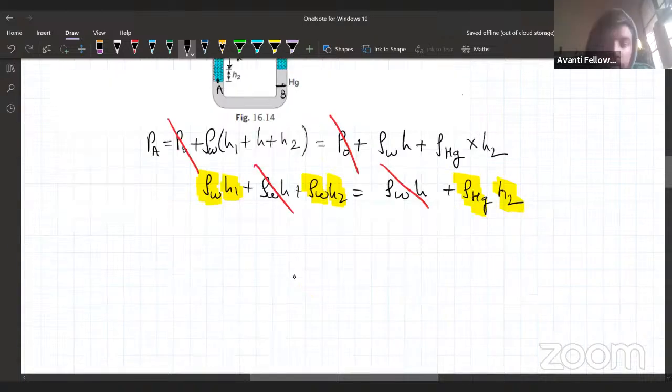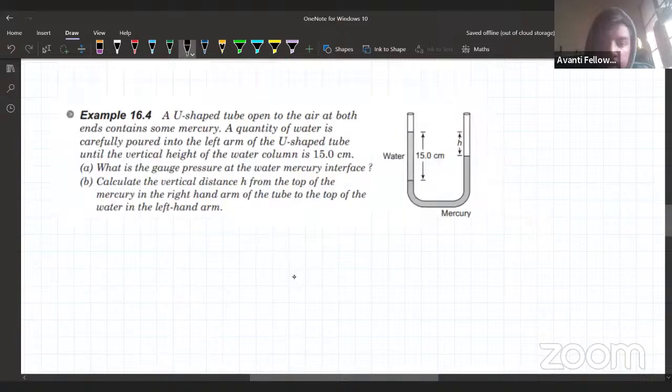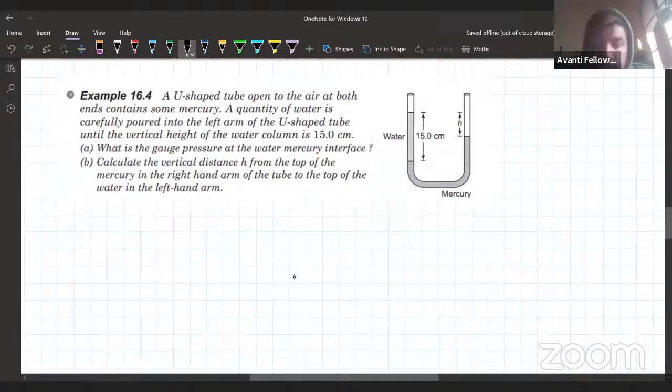Now, try this one here, right? Rho of water in CGS unit is given as 1 gram per centimeter cube.